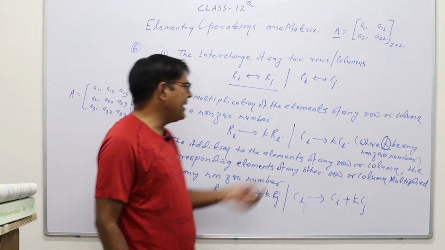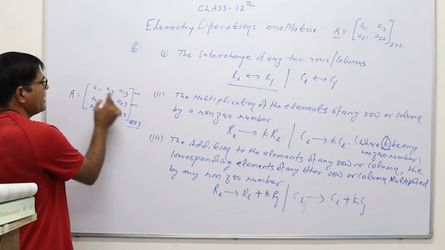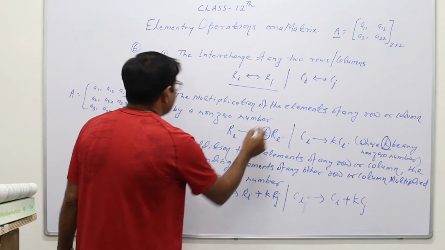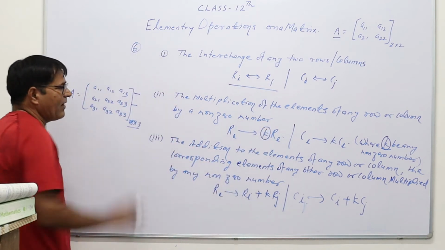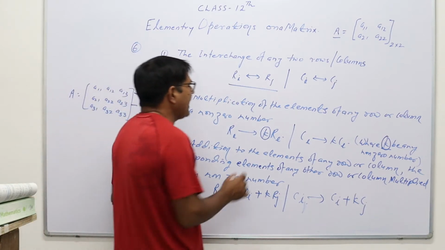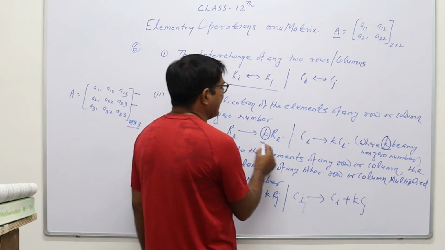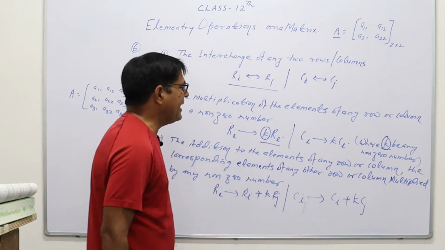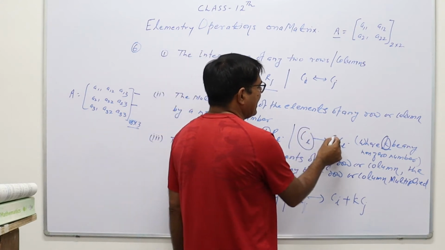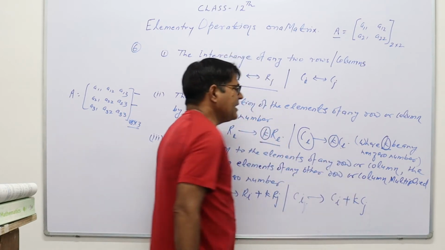If the second row of the square matrix is multiplied by this scalar, then that scalar will be taken outside. So the ith row can be changed by multiplying it with any scalar k. Similarly, the ith column can also be changed by multiplying it with any non-zero scalar k.